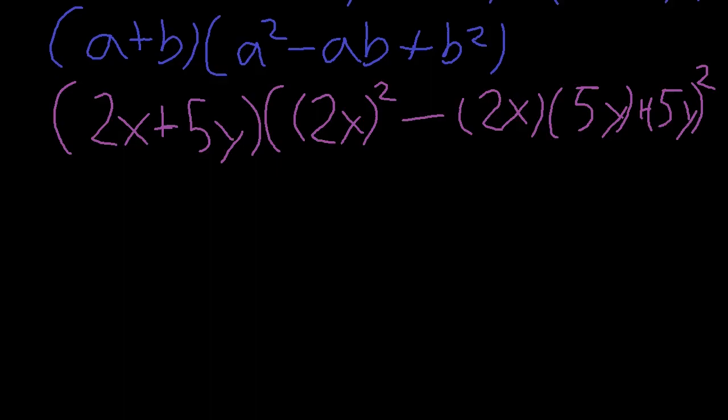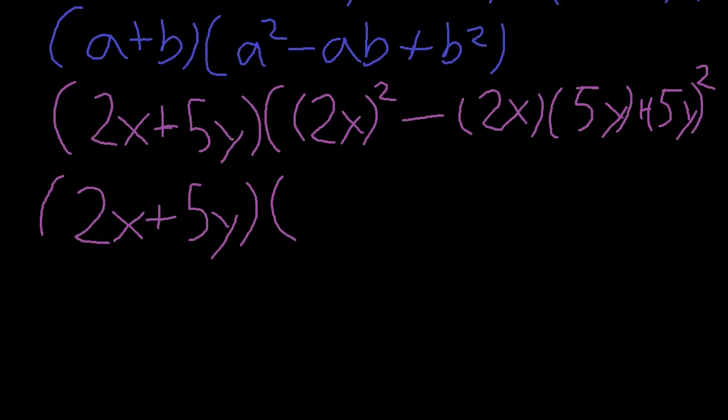Now we have quite a bit of simplification to do in the trinomial part of this. Let me try that again. 2x plus 5y, so this I can just bring down, this is already simplified. Then this part, the 2x squared, this means 2x times 2x, which will give me 2 times 2 is 4. X times x is x squared.